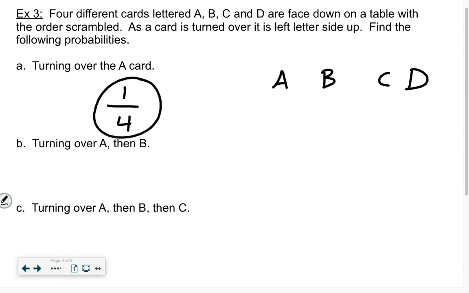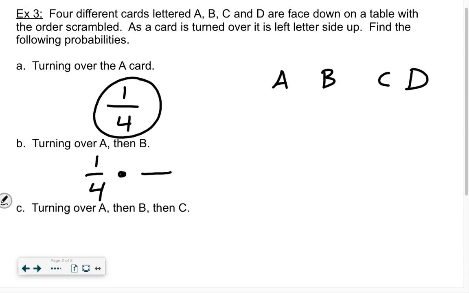Suppose we want the probability of turning over A, and then on the second turn we select B. Well, again, let's go back to the idea. How many cards are we selecting? Well, we are selecting 2 of them. Let's first find the probability of selecting A. Well, there's 4 total cards, and only one of those has the A on it.